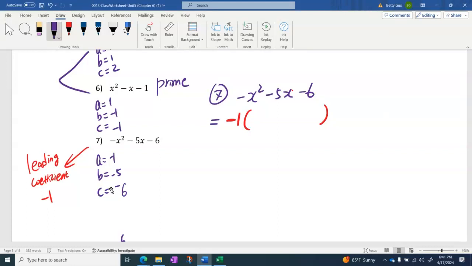Use original term 1 over GCF, so the GCF here actually is a negative GCF. So original term 1 over the GCF plus original term 2 over the GCF, and then plus original term 3 over the GCF. Or think about the reverse of the distributive property.